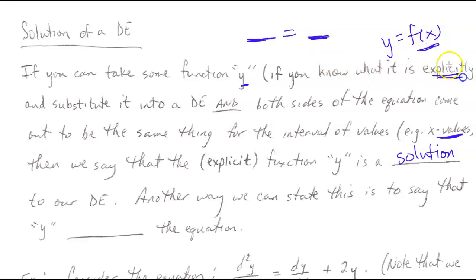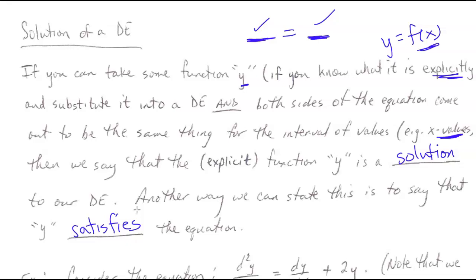But if we had that explicitly stated, then we can call that a solution to the differential equation because the left side equals the right side. Another way that we can state this is to say that y satisfies the equation. So we plug in y, which is some function of x, into each term where we can apply it.